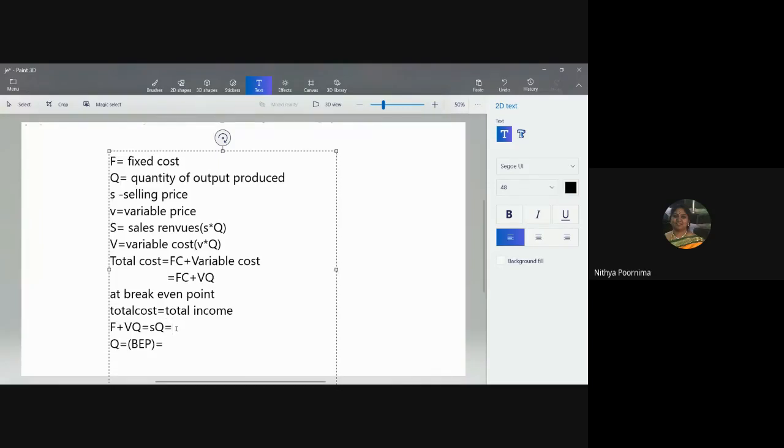So F plus VQ minus SQ is equal to 0. So F plus Q V minus S. If it goes to this side, this will become F equals SQ minus VQ.